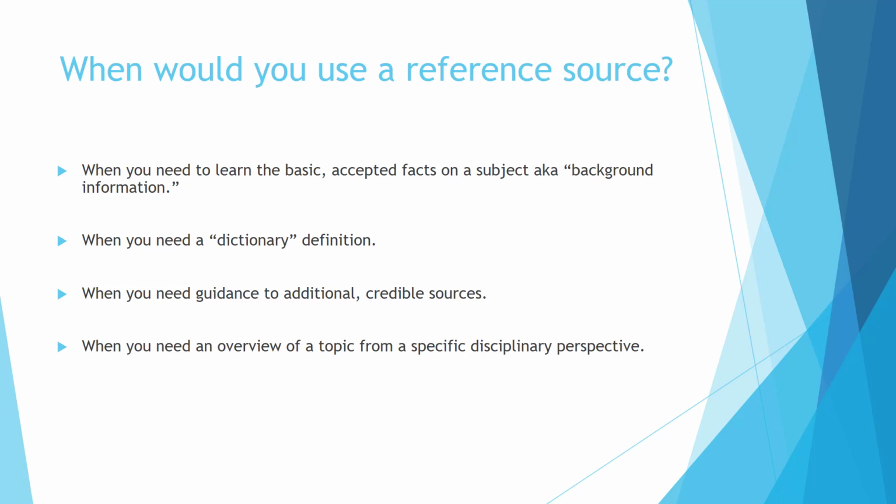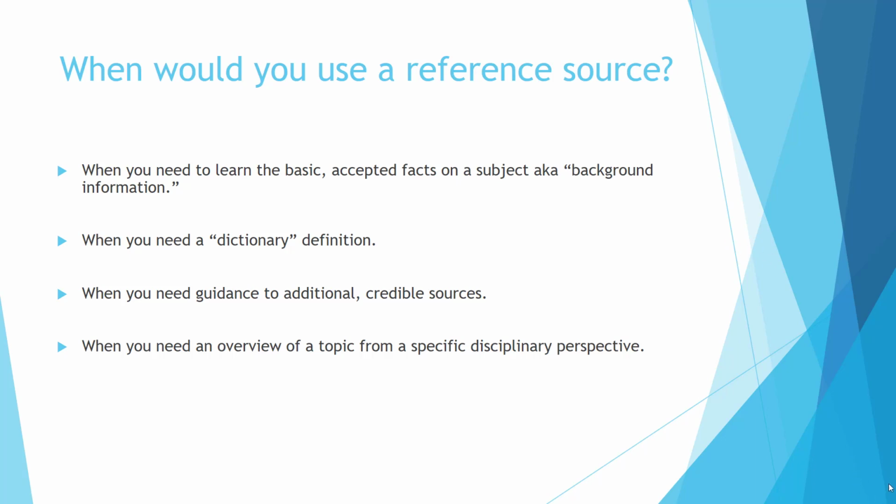What do I mean by that? Well, you might have, say, a topic like wildfires. The kind of perspective and analysis that you might find on a topic like wildfires can vary depending on the subject or the disciplinary viewpoint.